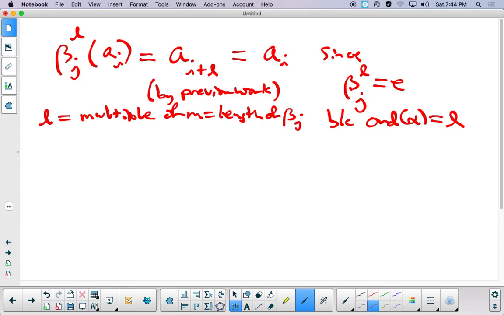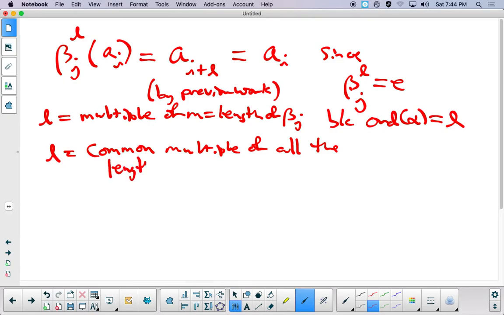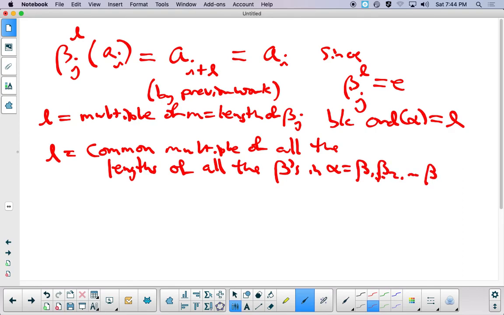This says L is going to be a common multiple of all the lengths of all the betas inside alpha equal beta 1, beta 2, all the way down to beta k.